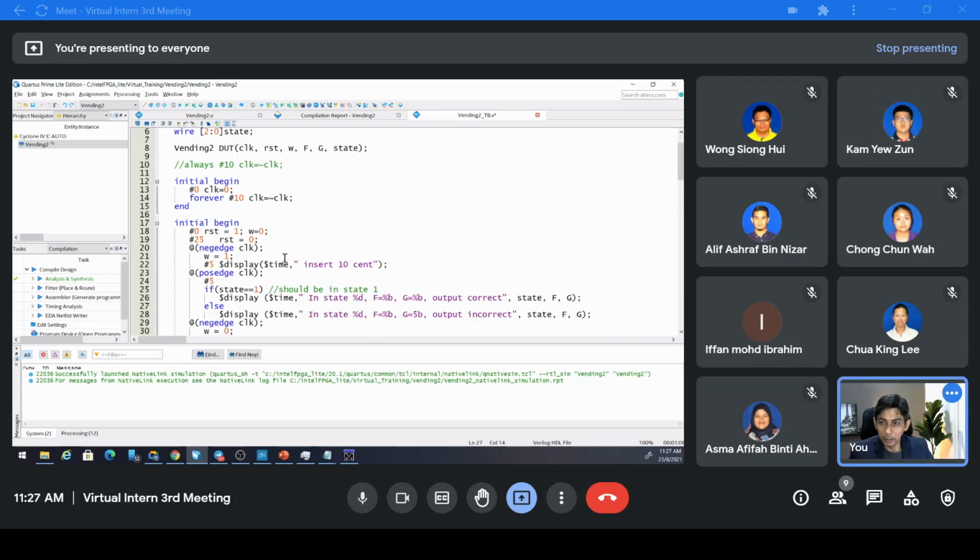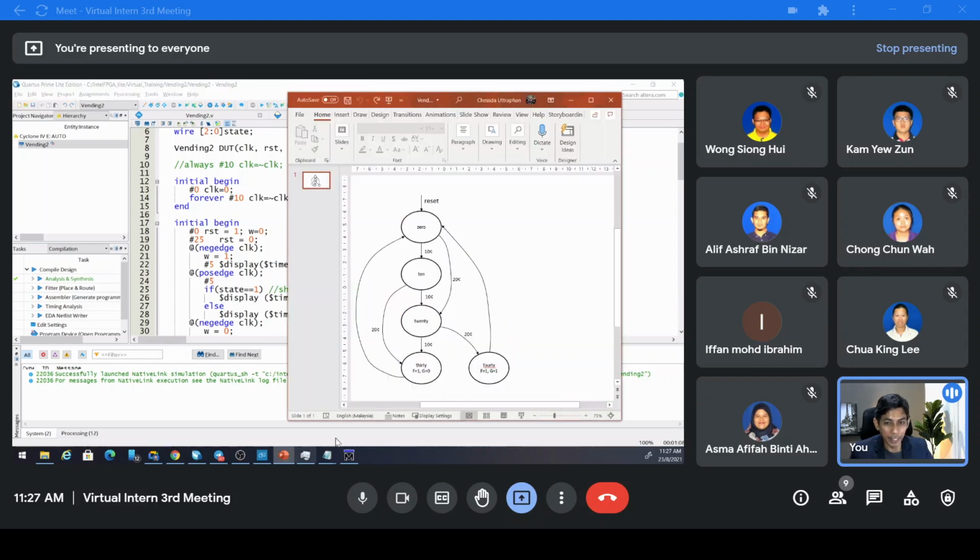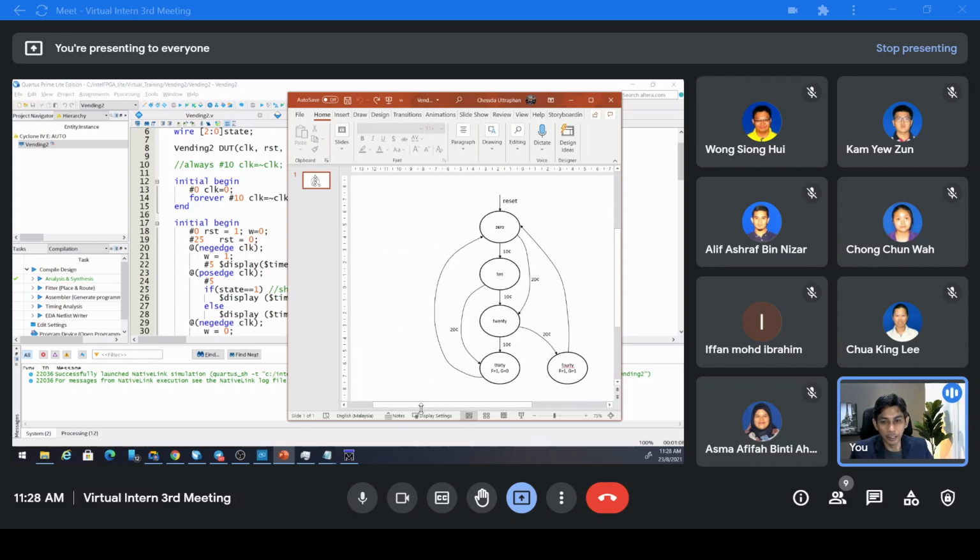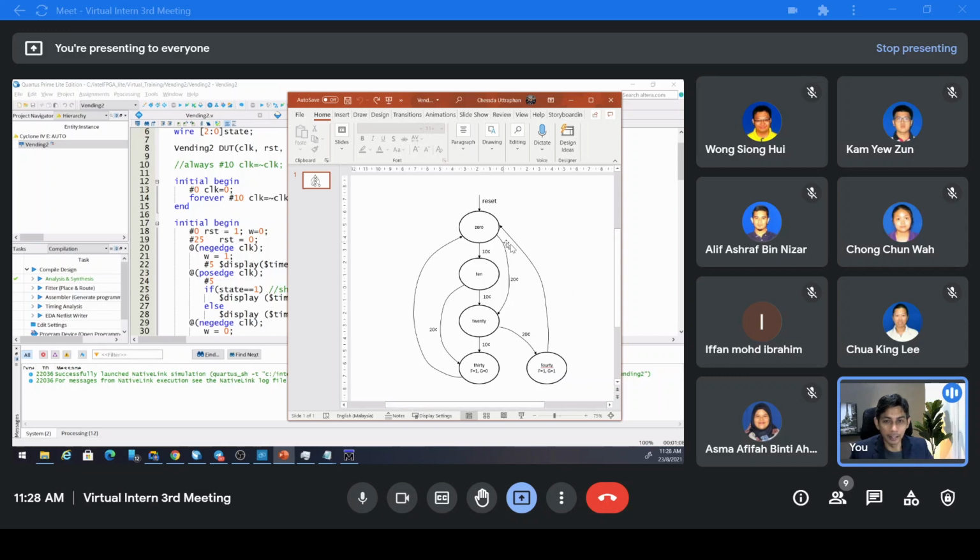Okay, so let's look at this again. And again, the testbench is up to you, how you want to write it, how you want to test your design. The objective is to know whether our design is correct or not, and behaves exactly how we want our circuit to behave, right? So we need to keep in mind that our circuit should behave exactly like this.